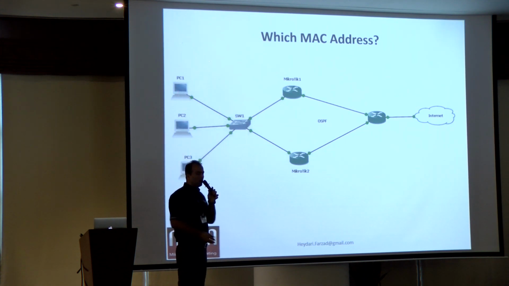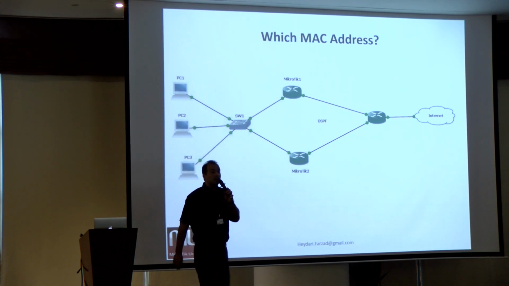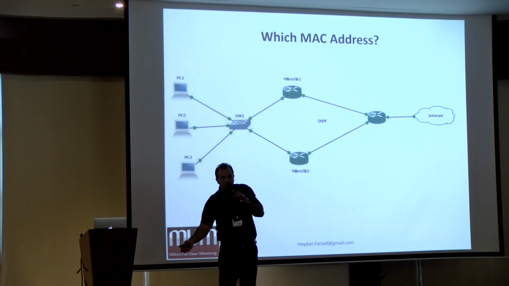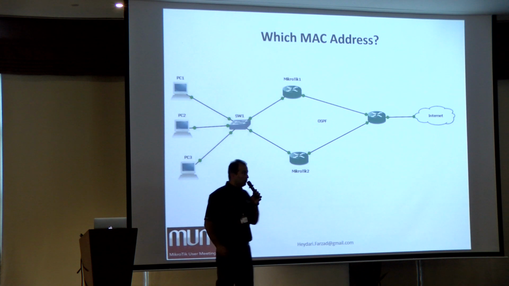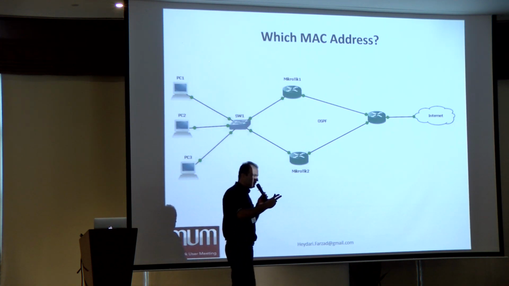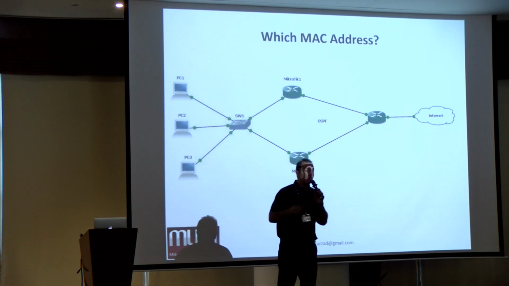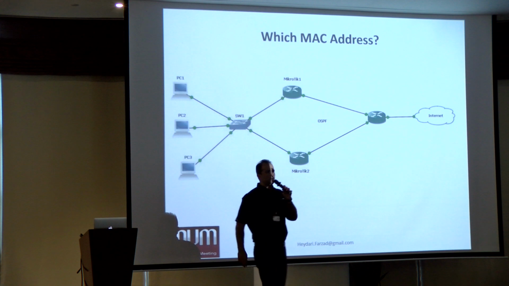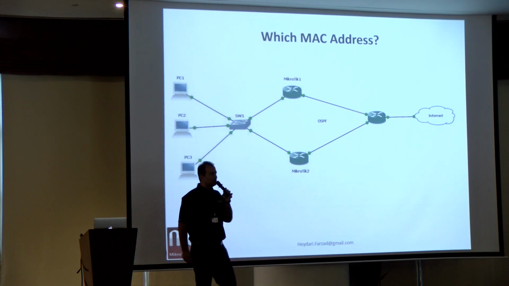When a client wants to go out, the client needs the MAC address of the default gateway. So our problem is that here we have two different interfaces with two different MAC addresses. What should we do?